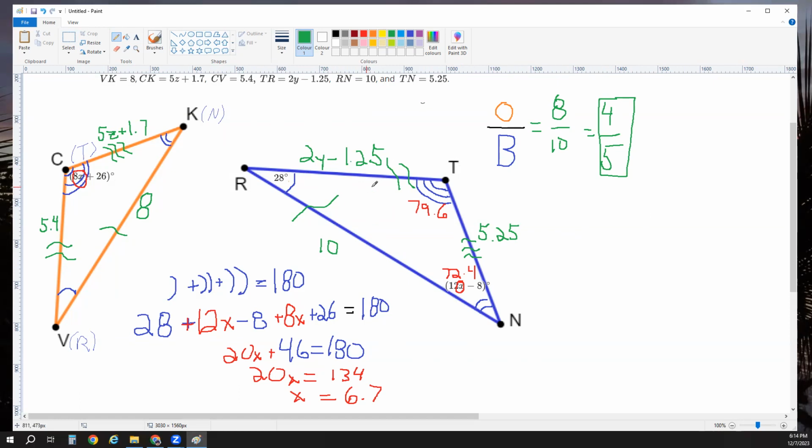So if I want to find this, and I know that I'm going from the big one to the small one, I'm just going to be 4/5. This was little over big, equals little, which was my 4/5. Oh, I need to do.